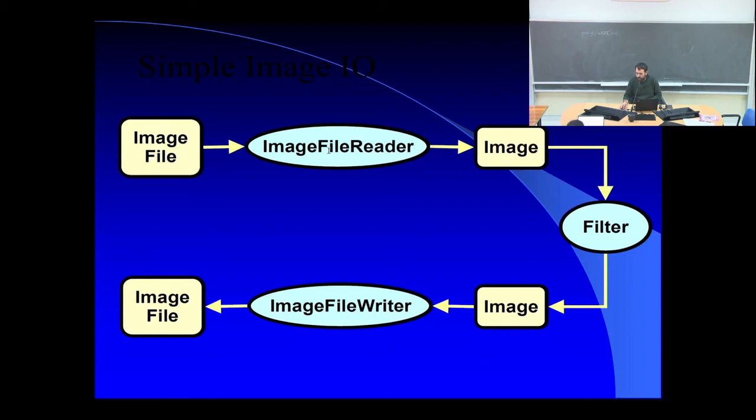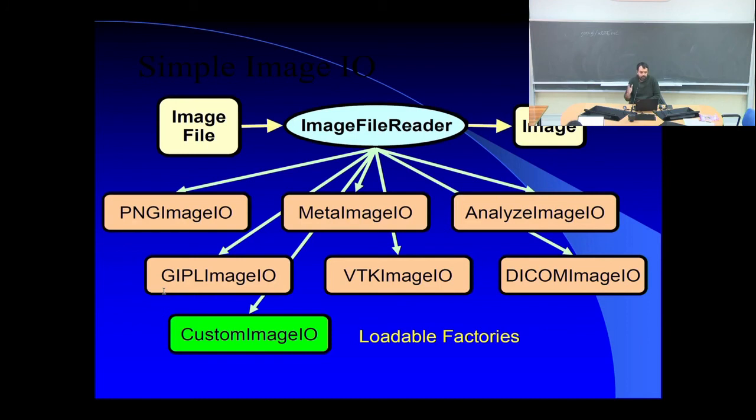You will use this image file reader, which is loading the image from the file to memory, to an image object. You will set the input of the gradient filter. You will set the output to another image, and you will write this into a file. And then you have your gradient image. Okay? We'll see an example of that. That's after the hello world example, we'll do this filter example.